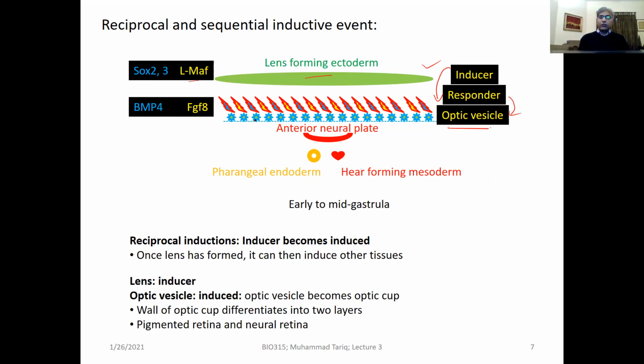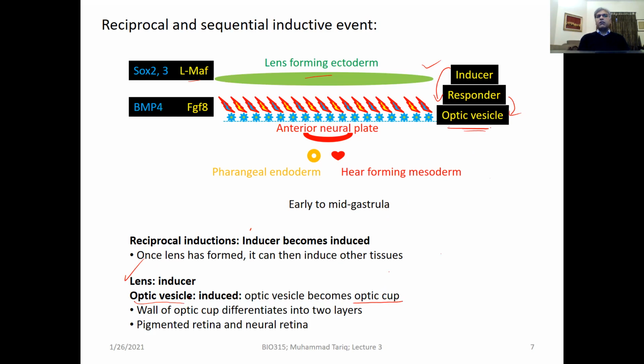Okay, so once the lens becomes the inducer, this lens sends a specific signal, and that specific signal causes the optic vesicle, which was formerly the inducer, to undergo further morphological changes and take up the shape of an optic cup.